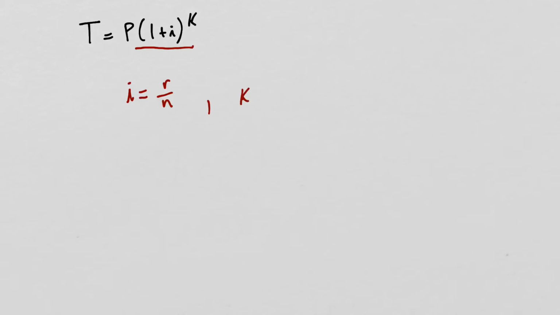So K in this case is going to be N, which is the number of times that interest is compounded per year, times the number of years. Rewriting this formula of total principal gained, this is equal to P times 1 plus R divided by N to the K.